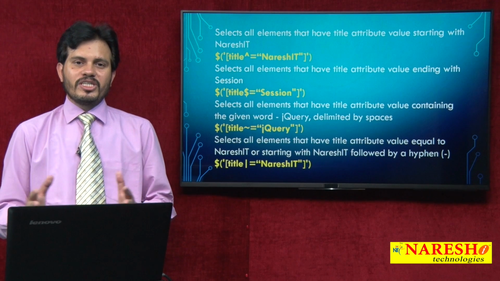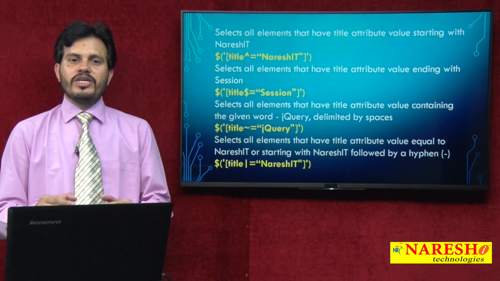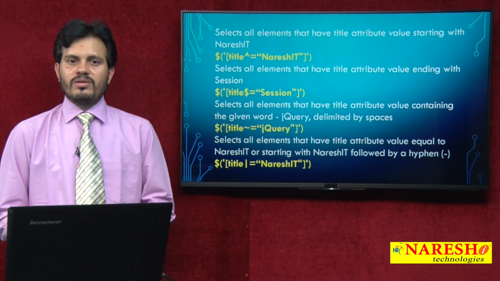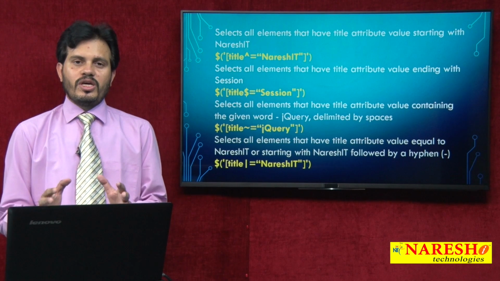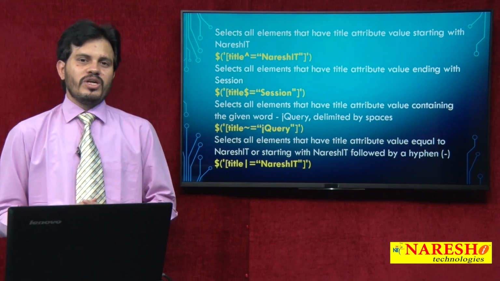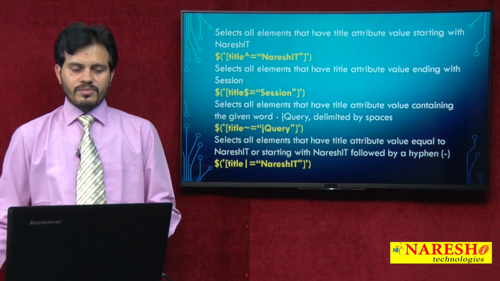There are plenty of attributes belonging to different HTML DOM elements. You can work on any attribute as per requirement in your development. But in my video session I am just taking one attribute as an example, the title attribute, which is common to all HTML DOM elements.